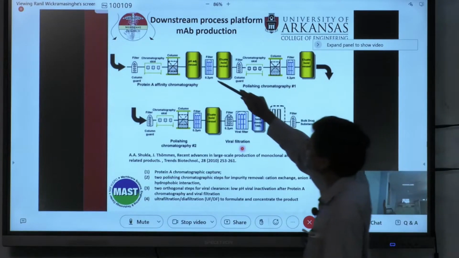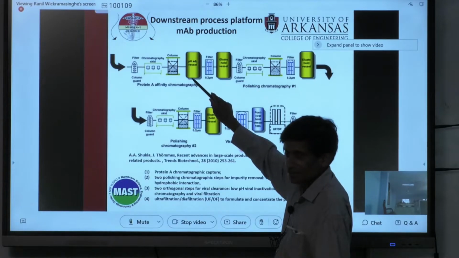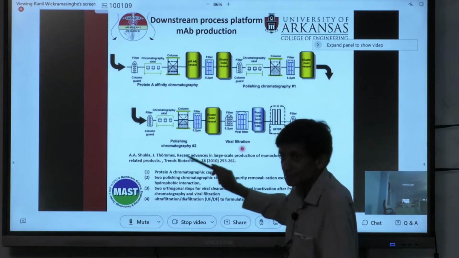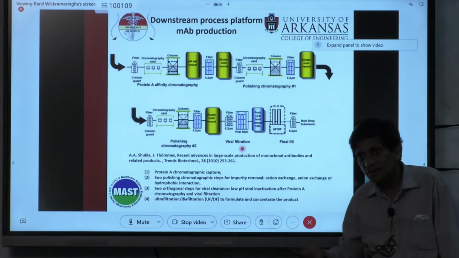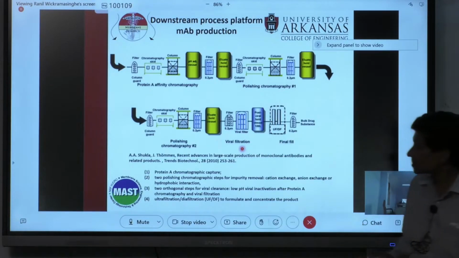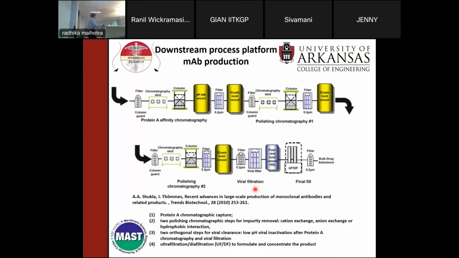So I told you typically the capture step is going to be affinity A, and it's a resin step. Typically, there are two polishing steps at least, and only one of them is usually a membrane adsorber. The other is going to be a packed bed, okay? And then there are other things, low pH hold steps and so forth. So that is not to say that the whole process is run just with a membrane, okay? But those are the membrane steps, which is what this course is about.